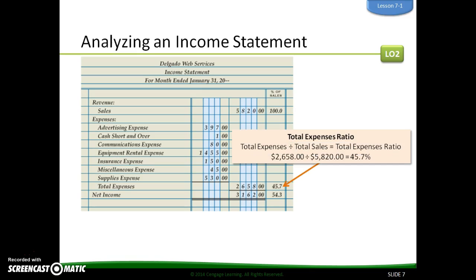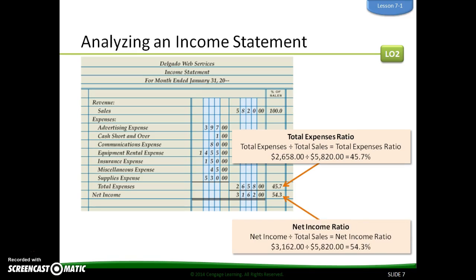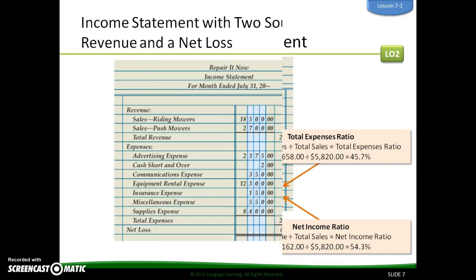Okay, so we're seeing a total expense ratio where we take total expenses divided by total sales, and you can see that total expense ratio is 45.7%. So our net income ratio is 54%. Again, we don't really know if that means anything yet because we're not really sure how other web service businesses are doing. We might be well above industry average, we might be below industry average.